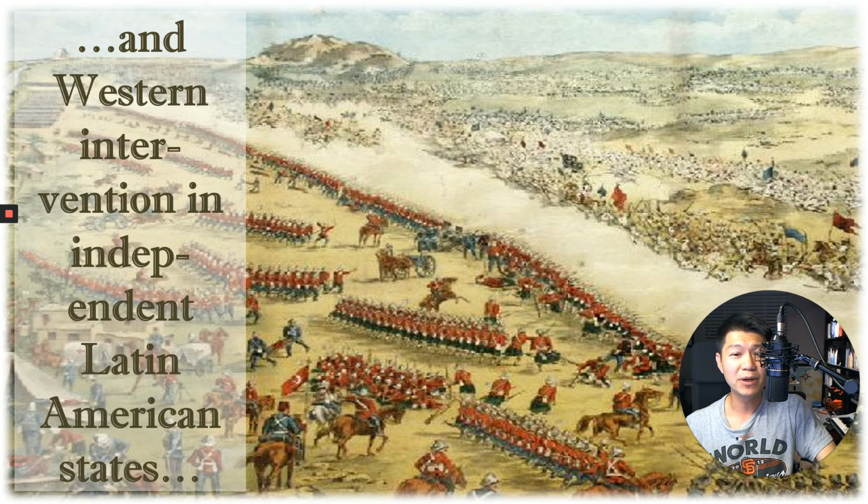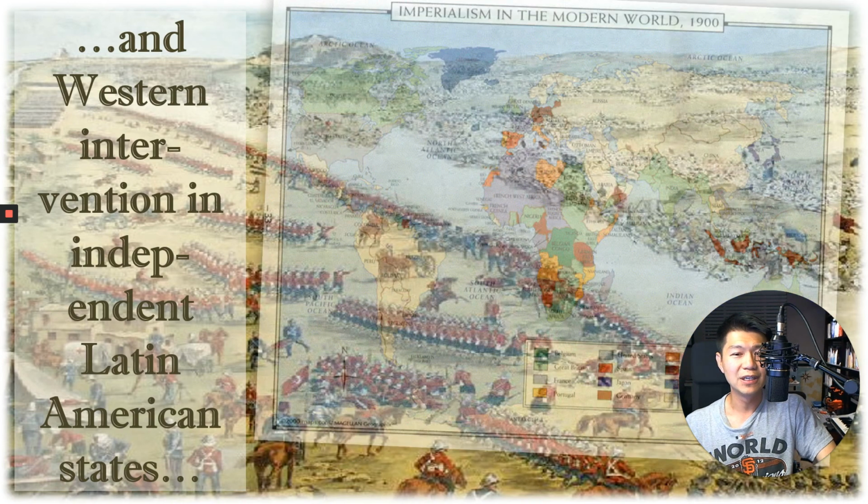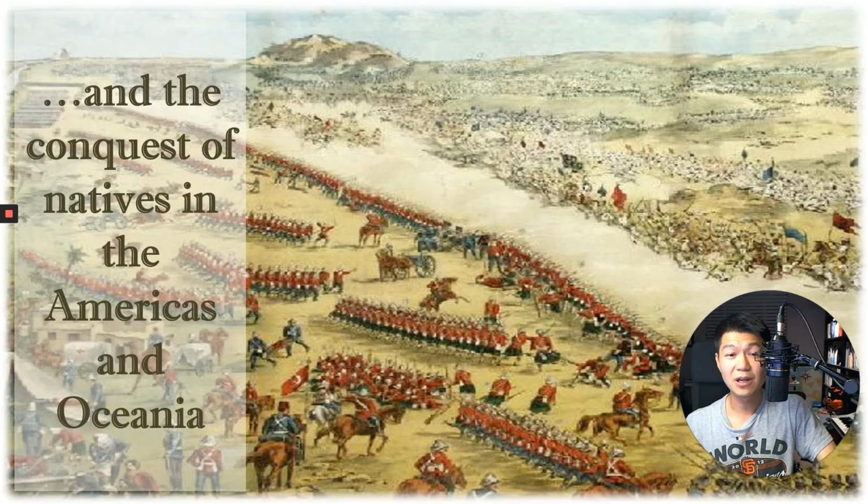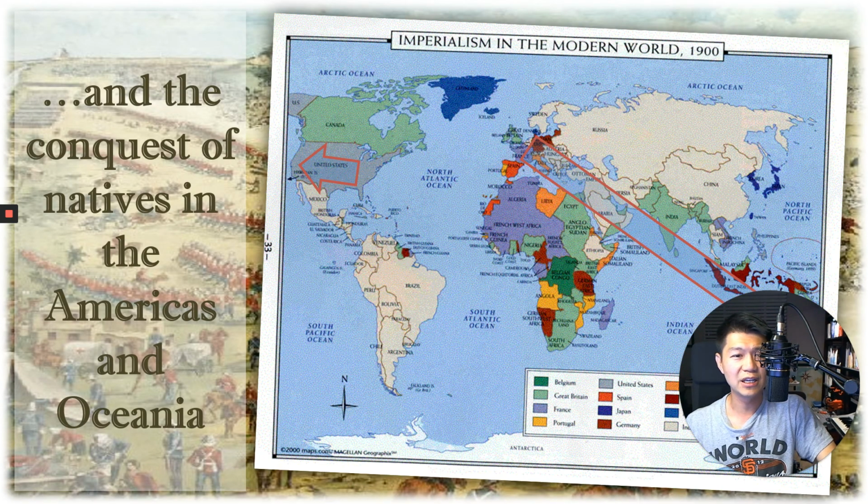And in Latin America, whereby there is some distance, but then also further past influences by European states, the types of interventions will be economic, particularly, and we'll get to some instances of that later on. And in other places, like Oceania and Australia, we have conquest of the natives, like we have with the United States moving further west as well.